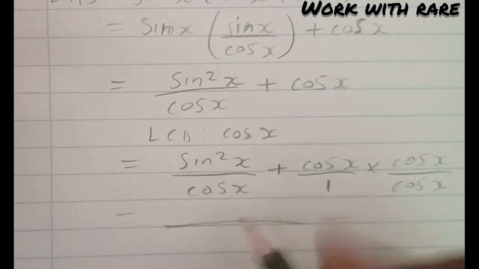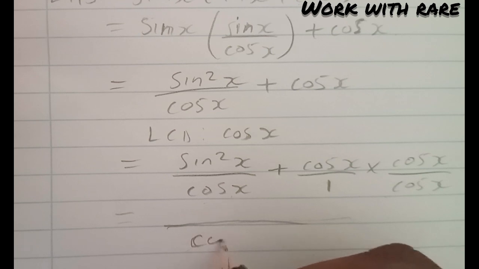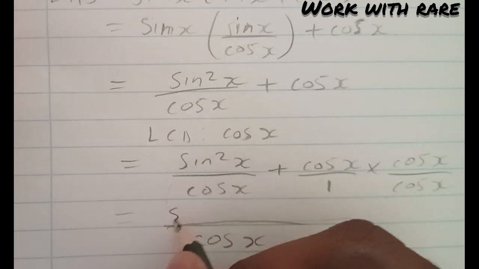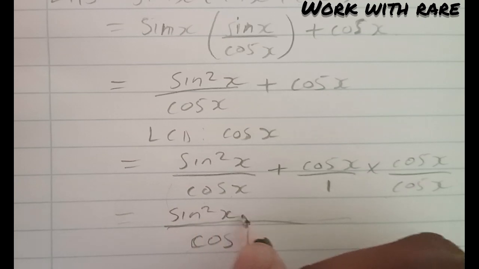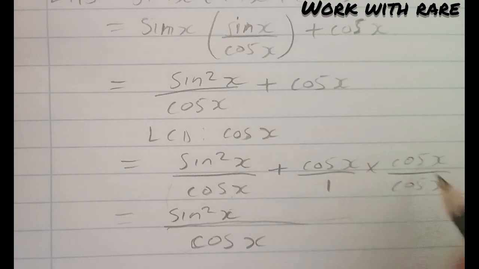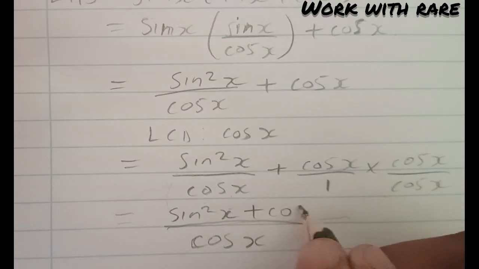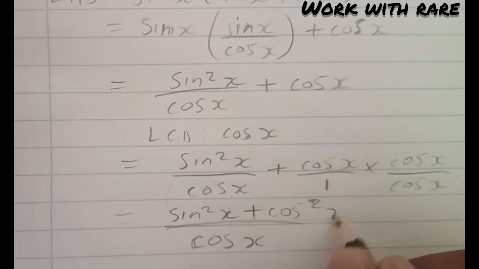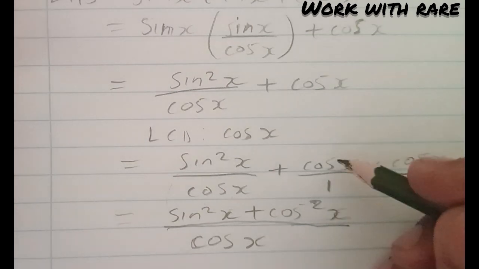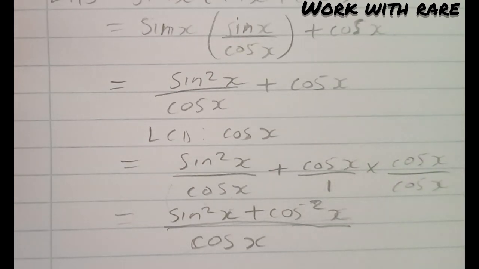So I'll have my fraction, my denominator is cos x. Here it's sine squared x, remember. So cos x multiplied by cos x is cos squared x, because we have two cosines, and when you multiply the same base, remember, you add the exponents, so it's exponent 1 plus exponent 1. 1 plus 1 is 2.